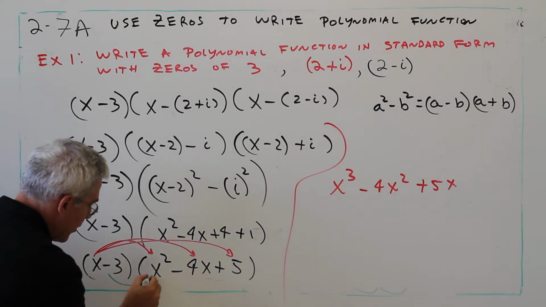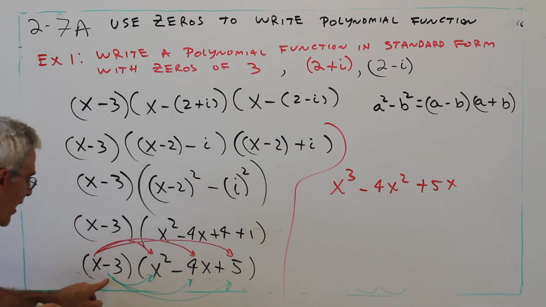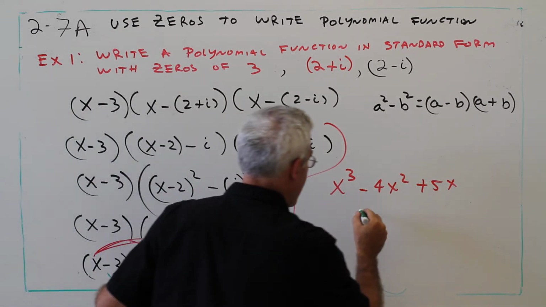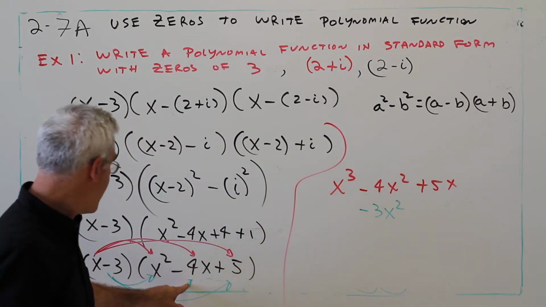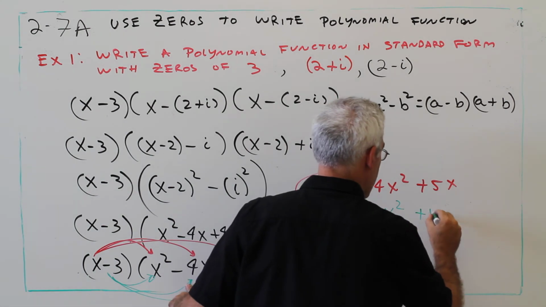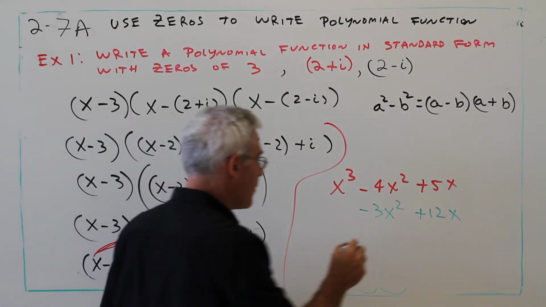Now I'll go down here. Minus 3 times x squared is minus 3x squared. Minus 3 times minus 4x is plus 12x. Minus 3 times plus 5 is minus 15.